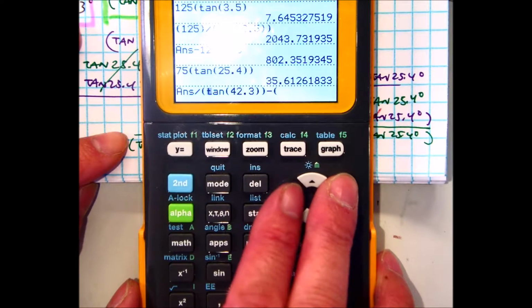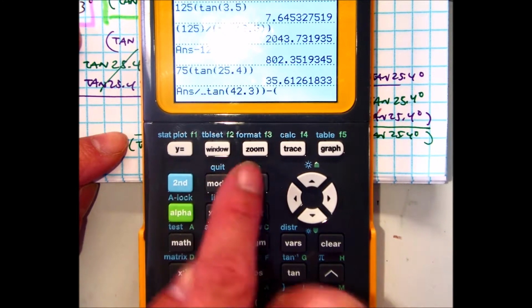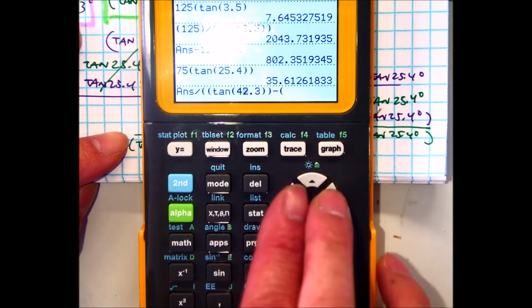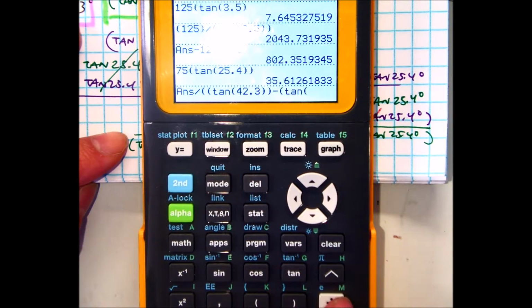I want to go back and insert another set of parentheses just in case. So tangent 25.4 parentheses parentheses.